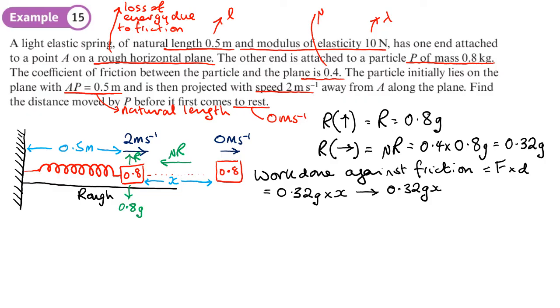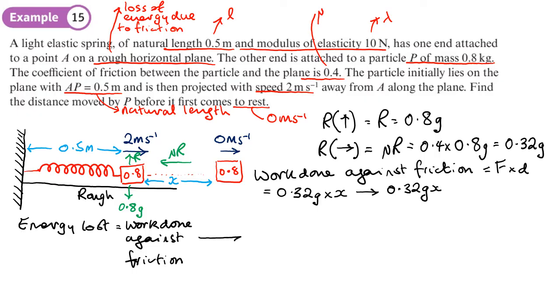Okay, so we can write down here: energy lost equals work done against friction. So we know the work done against friction, we just need to work out what energy is lost.